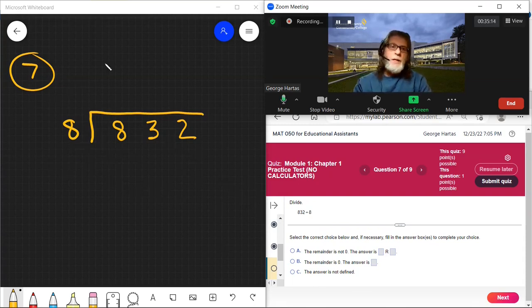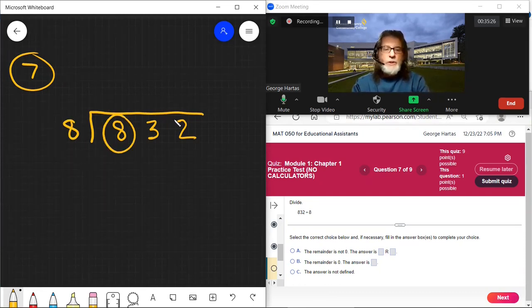Now, the first time you divide into the box. All right. So we always look to see, can this number divide or fit into the first number? And in this case, yeah, it can. 8 can fit into 8 one time. So 8 divides into 8 one time.